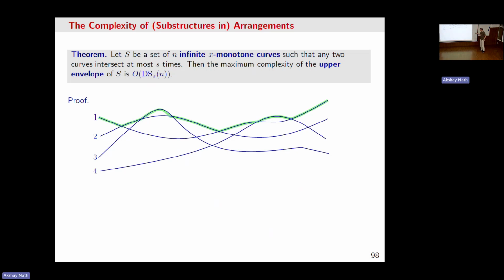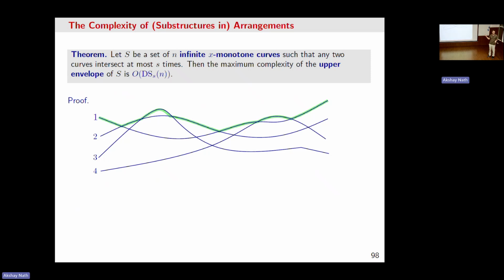Then I claim that if I look at the maximum, this upper envelope, as you can see here, curve 2 appears, and it appears again. So maybe a single curve can appear many times, but I claim that overall, the maximum complexity is, and the message is, almost linear. And it depends on how often they can intersect.